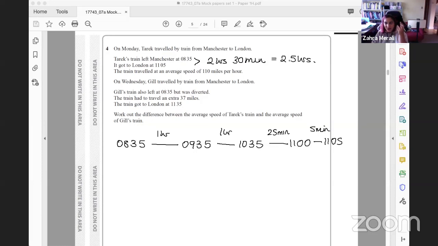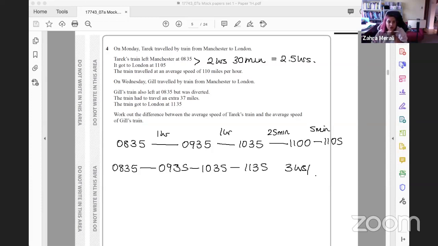Okay, so let's see how long it takes him to go from Manchester to London on Wednesday. So we've got left at 8:35, 1 hour, 9:35, then 10:35, then 11:35. So that was quite straightforward. We can see that in total was 3 hours.